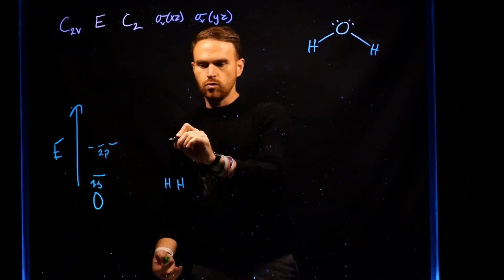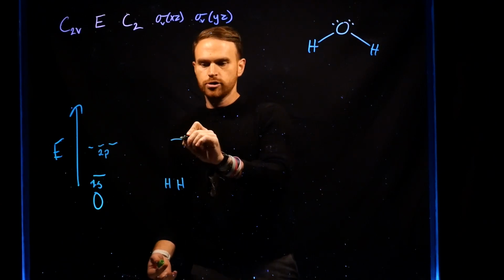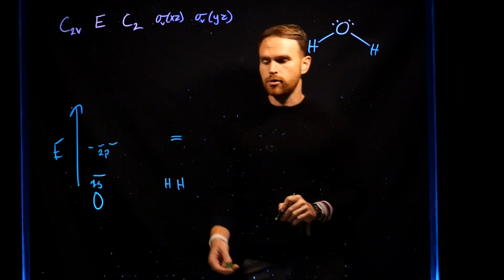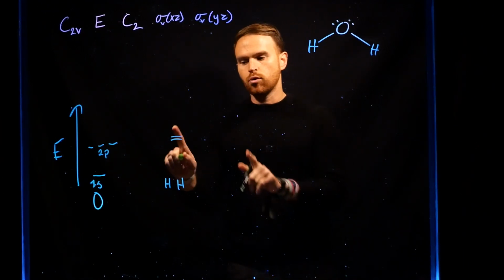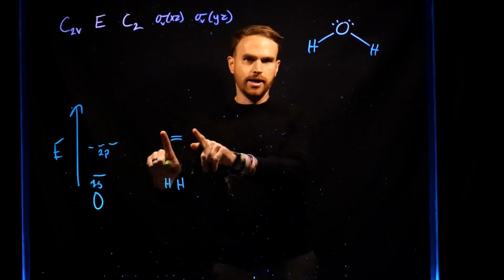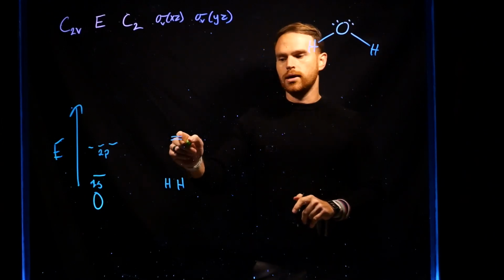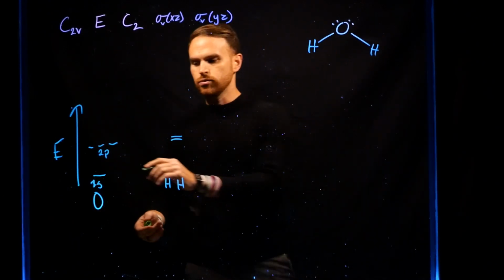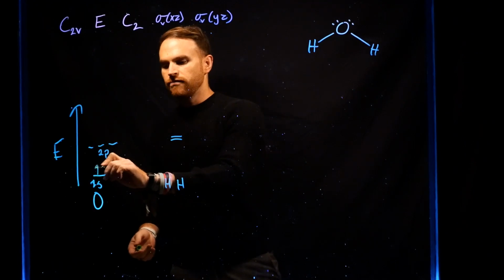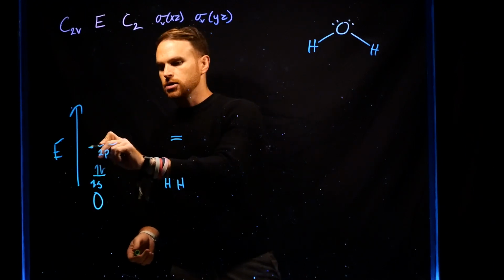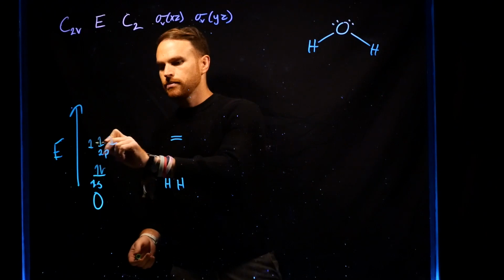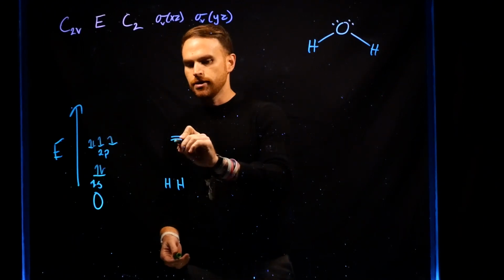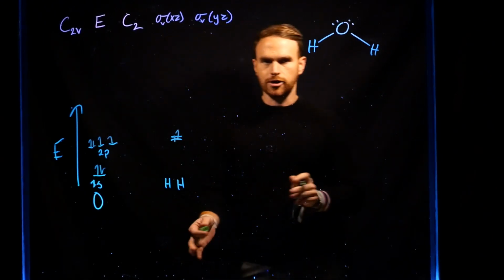Oftentimes you'll see these two orbitals that have the same energy drawn just slightly above one another just to keep things simple, or occasionally you'll see them side by side. But either way, this is meant to depict that they are of the same energy. And then, of course, we would start with our valence electrons. So for oxygen, that's going to be 6. And for each hydrogen, there is 1. So we would place 1 electron there.